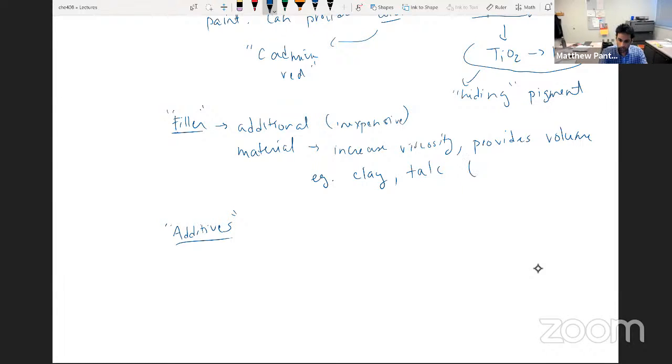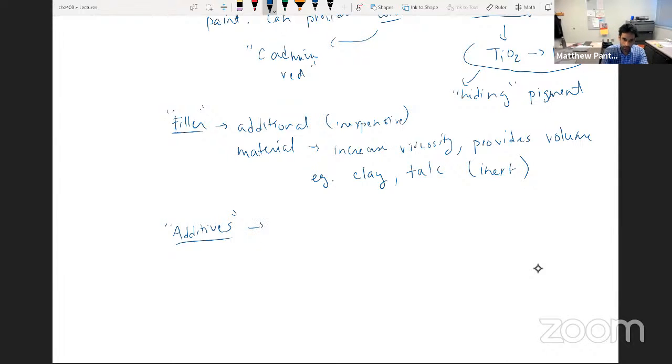So these are relatively inert substances. They don't interact with much of anything. Clay, it turns out, has surface charges, so getting it to disperse can be challenging if you're in a non-polar medium. Oftentimes you'll have to use ionic surfactants to bind to the surface of these and disperse them. So anyways, let's talk about additives.